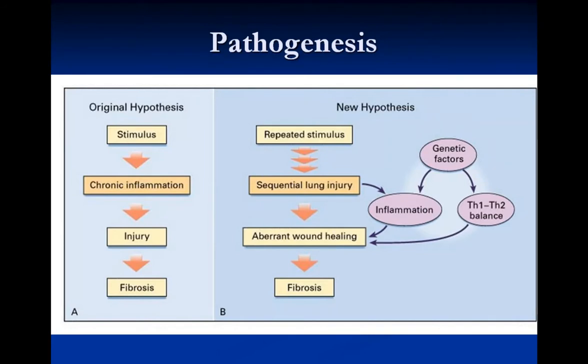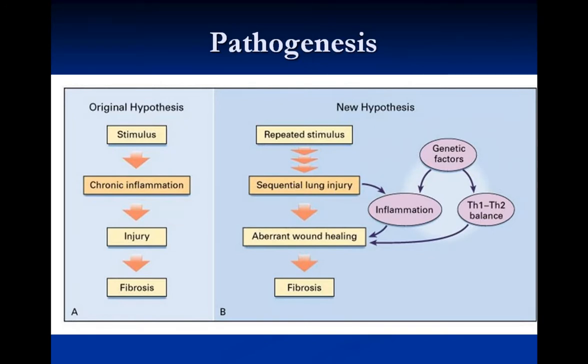This chronic inflammation, because of the inflammatory mediators and with the help of tissue plasminogen activator, which is a key modulator in the fibrotic pathway, will cause aberrant wound healing. There will also be an imbalance between the TH1 response and the TH2 response, with a predominant TH2 response that leads to more and more disease.